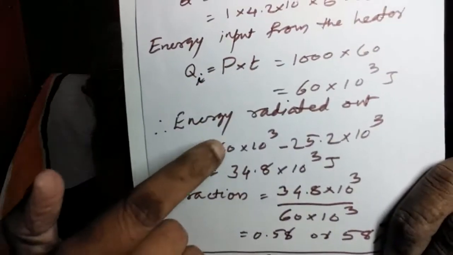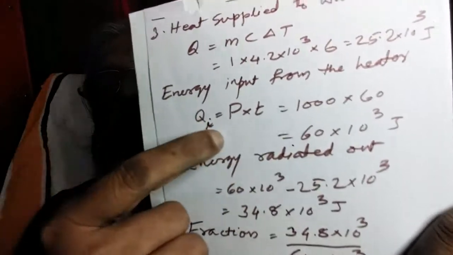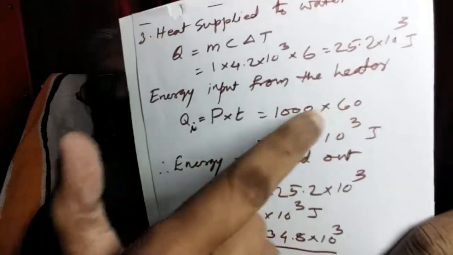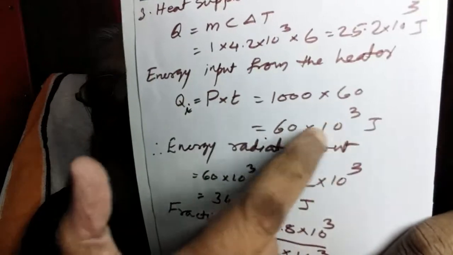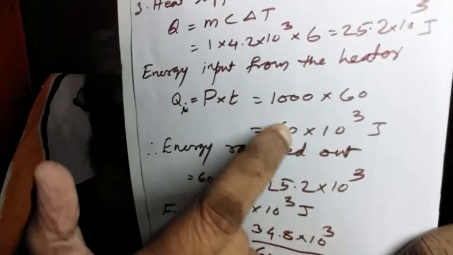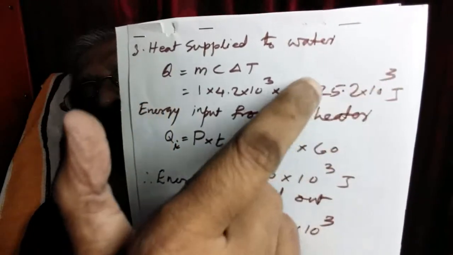So energy released by the heater in 1 minute or 60 seconds equals 1000 into 60, power into time, that is 60 into 10 raised to 3. This is the total energy supplied by the heater, and this is the energy absorbed by water.